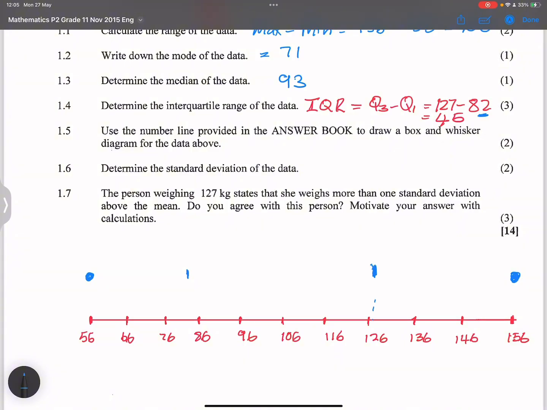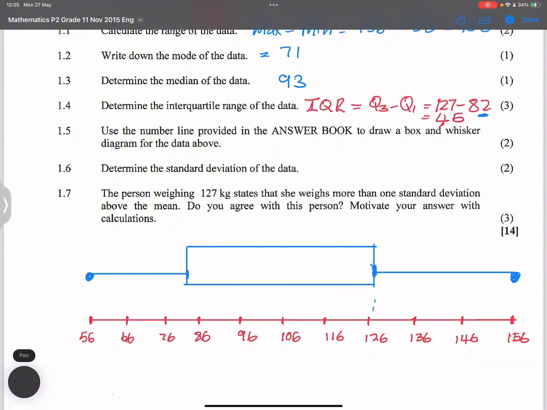All right, and that forms our box. So there we are. And in this case, these are going to be our whiskers. So there is our box and whisker plot.